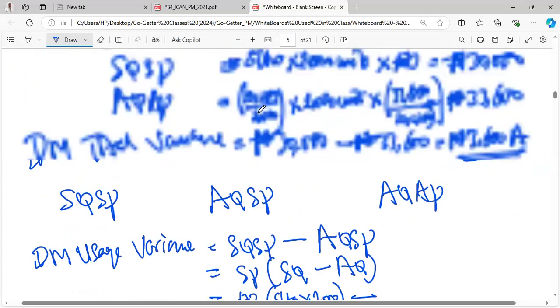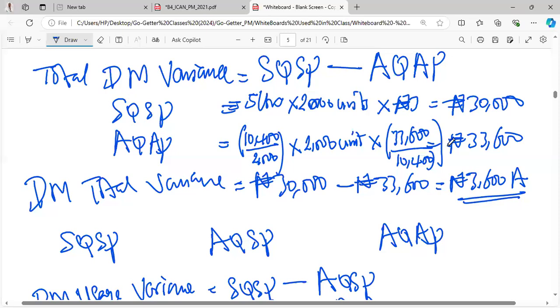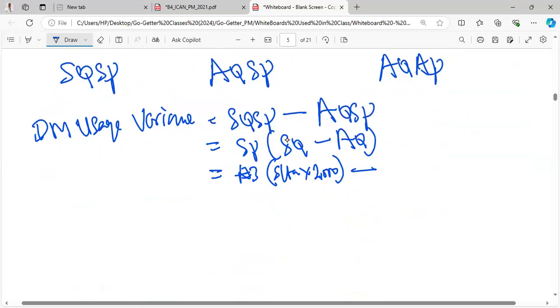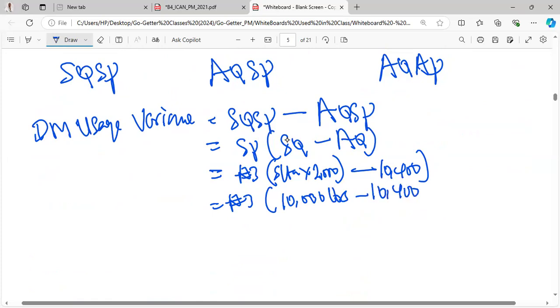Actual quantity we are told was 10,400. So this remains 3 naira multiplied by 5 times 2,000, which is 10,000 liters, minus 10,400 liters.